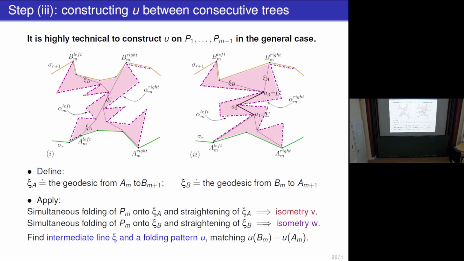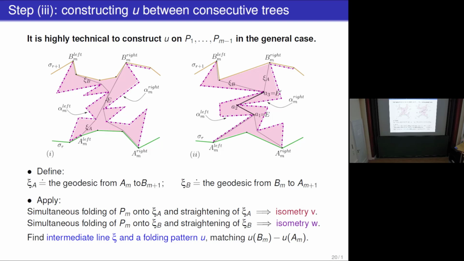And it is possible to design an algorithm which, there are basically two case scenarios here. I don't want to bother you with this. Those supporting geodesics may either intersect just at a single point, or they may follow a joint polygonal path. So this is also possible.